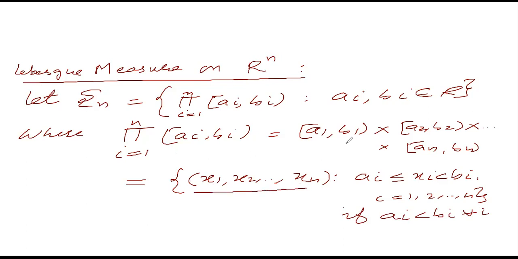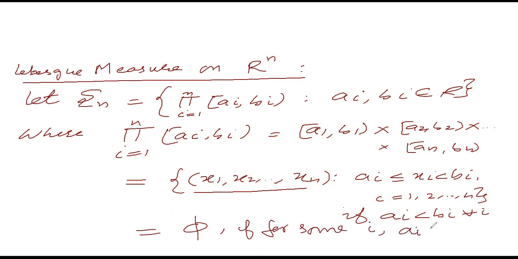In case each ai is less than bi, a1 is less than b1, a2 is less than b2, and so on and so forth, an is less than bn. And in case there is some i such that ai is greater or equal to bi, then this product is the null set, the empty set.